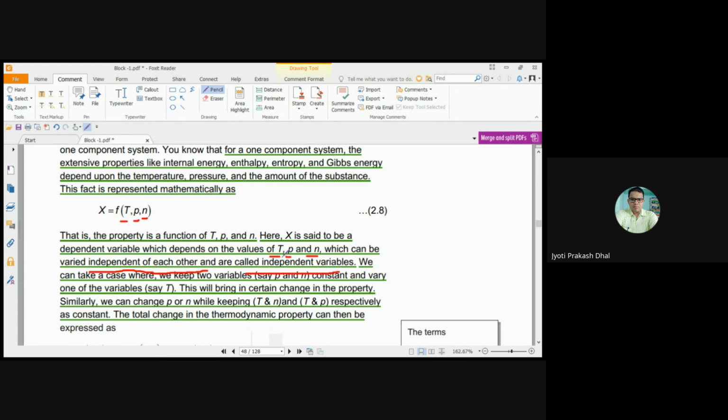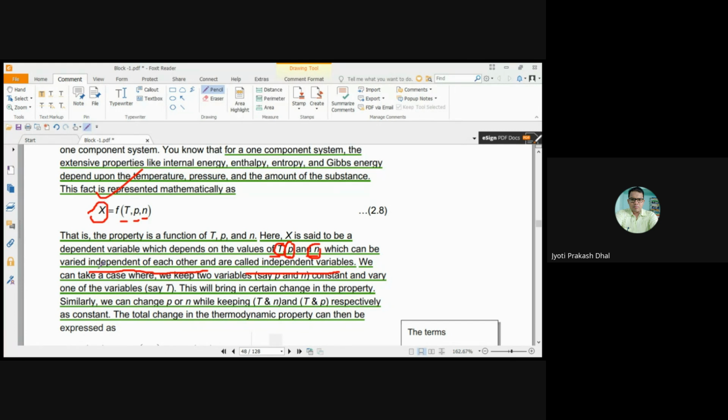So T is an independent variable, P is an independent variable, and number of moles is also an independent variable. But X is a dependent variable because X is a function of T, P, and N. So here we are discussing a dependent variable as a function of independent variables: temperature, pressure, and number of moles.